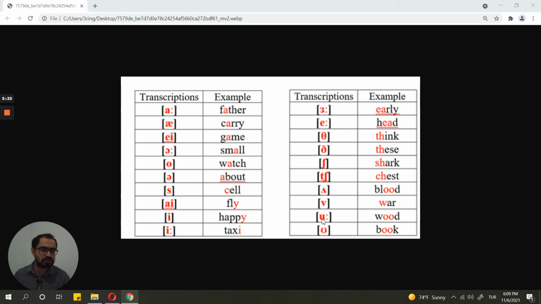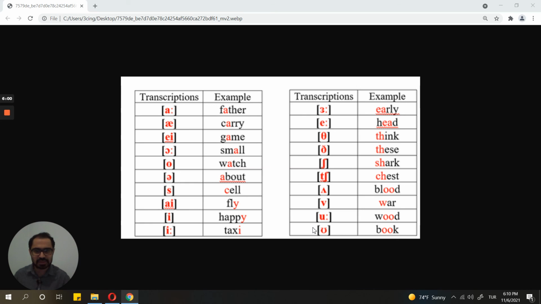And next one is long u, wood, food, spoon, tooth. And the last one is again u, but here it's short u, or in other words, normal u, like book, look, hook, and etc.